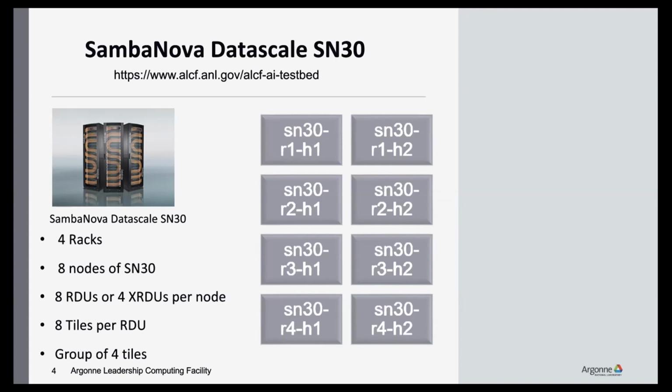So R1 here means rack 1, and H1, for example, is the host. So there is a combination of the rack and host numbers associated with each node, and you can log into any one of these nodes to run your programs.